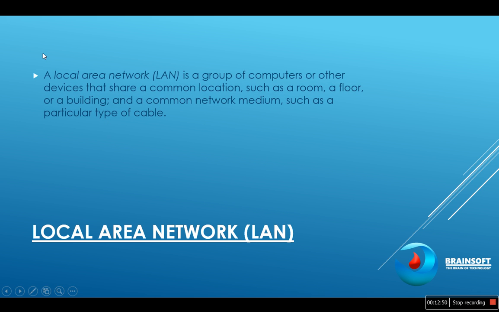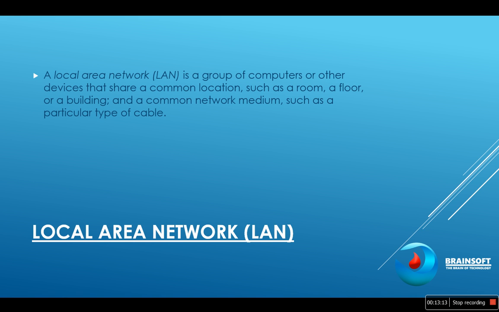Now let's see. A local area network, that's the LAN, is a group of computers or other devices that share a common location. Listen, let me take it again and I will explain. A LAN is a group of computers or other devices that share a common location, such as a room, a floor, or a building.